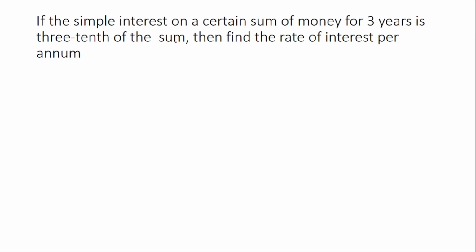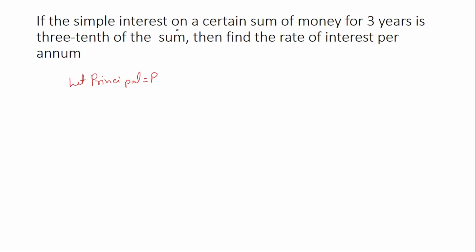If simple interest on certain sum of money for 3 years is 3/10 of the sum, then find the rate of interest per annum. Here, principal we have to assume as P or X, whatever.